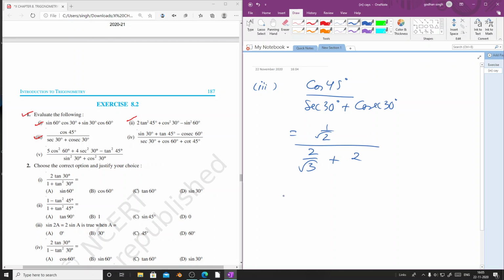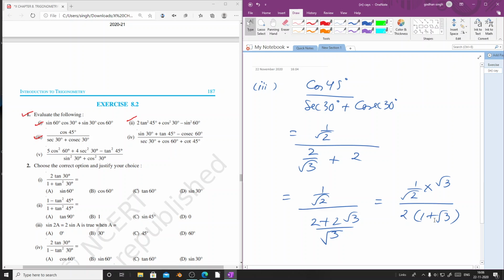Now we will simplify this one, and we will get 1 by root 2 over, we will solve the denominator, so we get 2 plus 2 root 3 over root 3, and further this can be written as 1 by root 2, this root 3 will go in the numerator, and in the denominator we have 2, we can take out common, so that becomes 1 plus root 3.